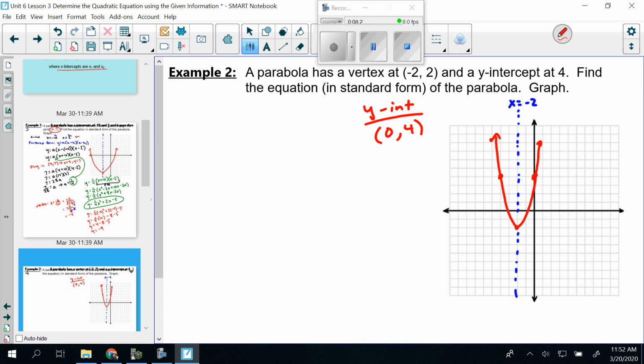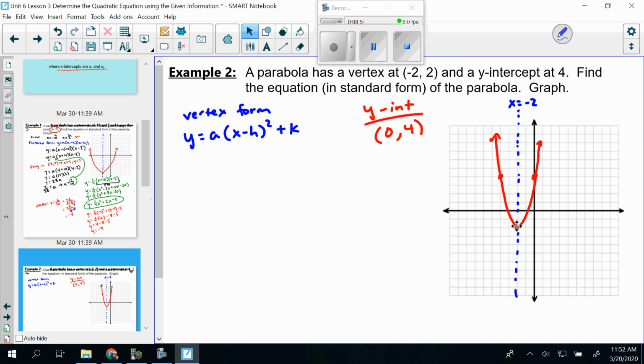But they did want us to come up with the equation in standard form. So what we're going to do here now is write out what we know. If we have the vertex, we should be able to start with that vertex form, and use that vertex form looking like this again, a times x minus h squared plus k.